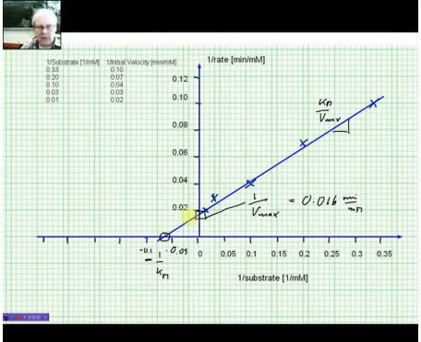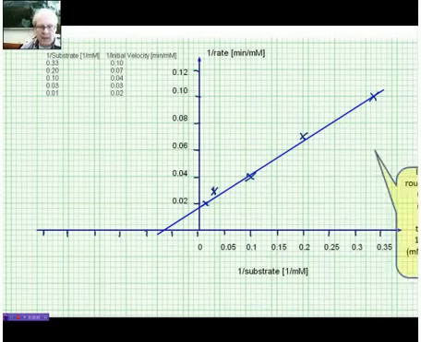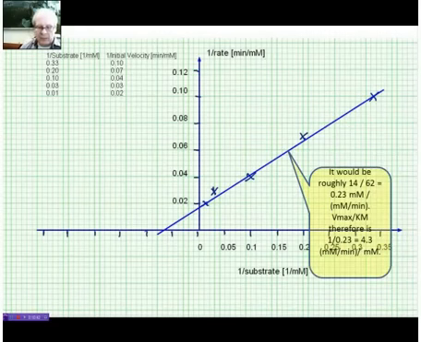So we can try to find out these numbers, and for the Km over Vmax, the gradient here, we would get something like 4.3 millimolar per minute.